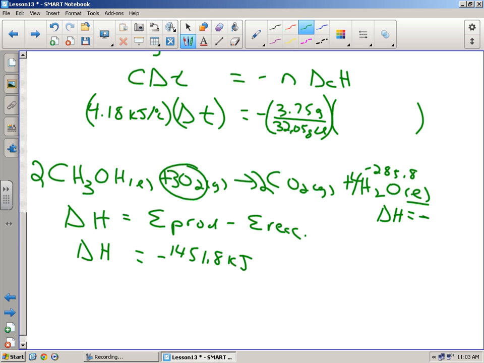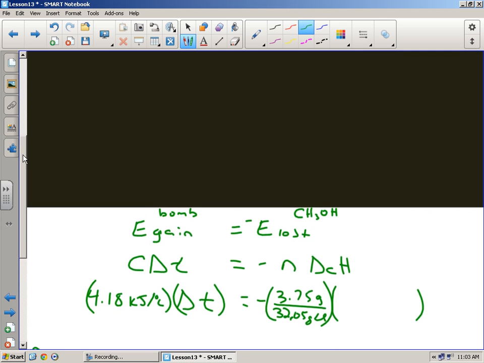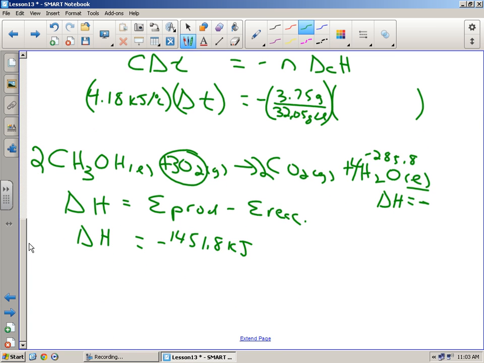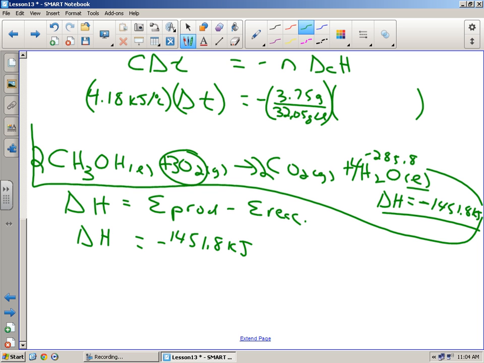So now we know delta H up here, right? If you go back up to our equation, I would say negative 1451.8 kilojoules is how much I get from this particular equation. So this would be my balanced thermochemical equation, right? Burning 2 moles of methanol gives me 1451.8 kilojoules.